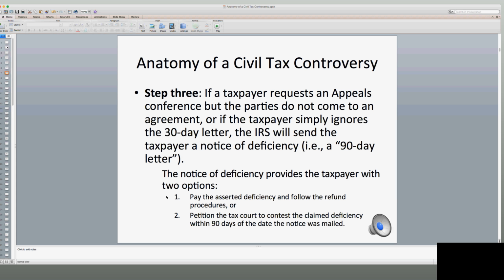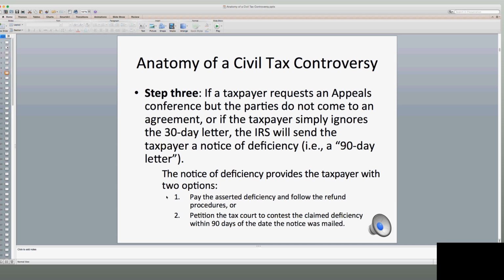Let's suppose in step three that the taxpayer requests an appeals conference, but the parties don't come to an agreement. Or let's suppose that the taxpayer simply ignores the 30-day letter. In both cases, the IRS would send the taxpayer a notice of deficiency, and the notice of deficiency has a nickname of 90-day letter.